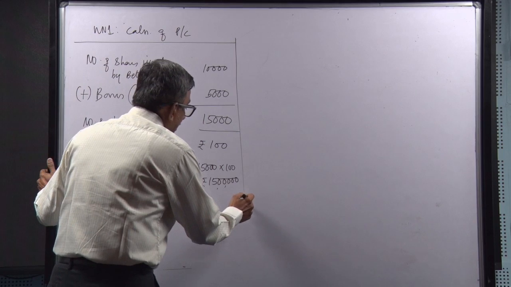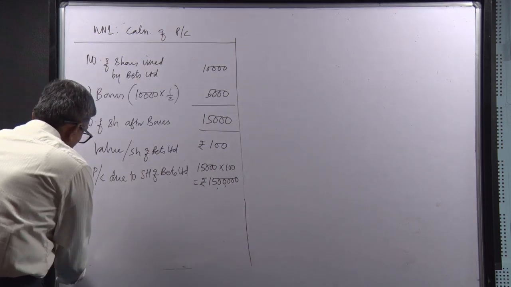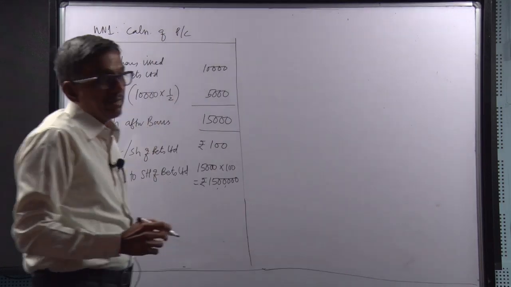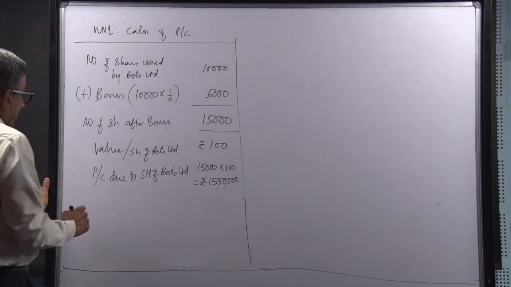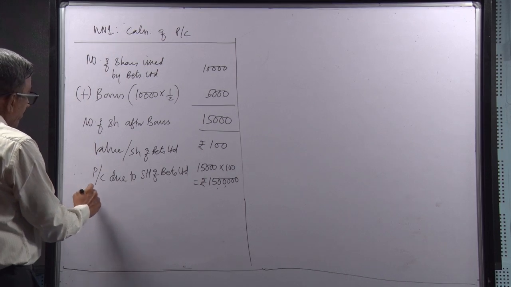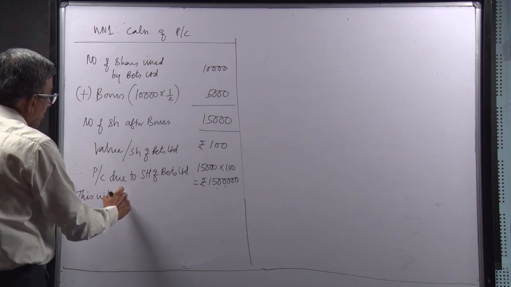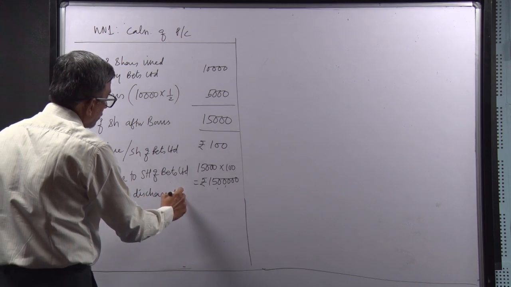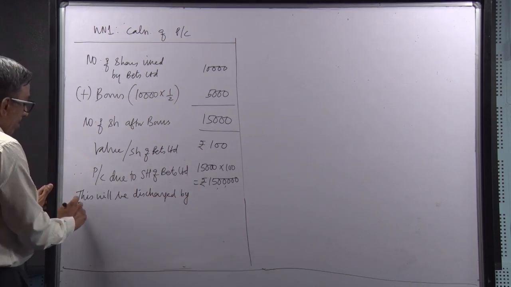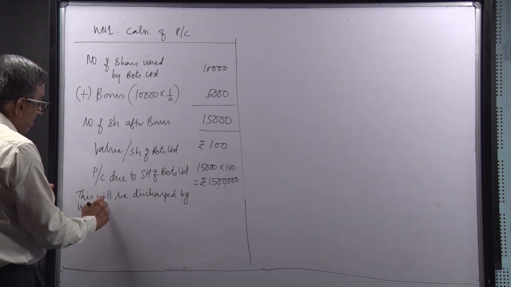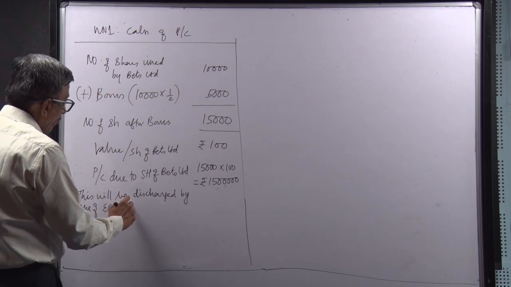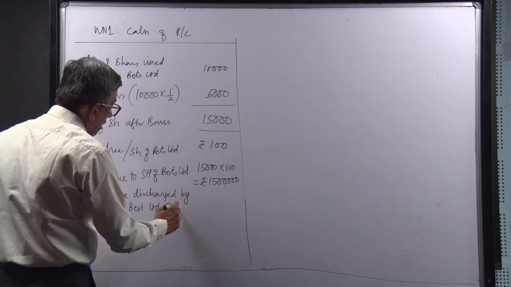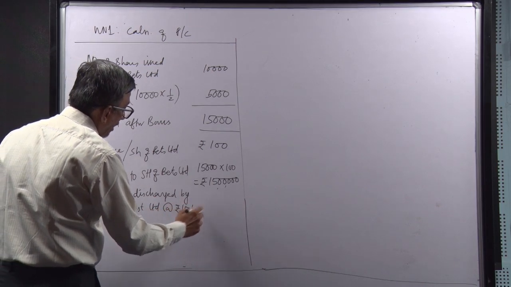But how will this consideration be given? The problem tells you it will be given by issue of equity shares in Best Limited. You write, this will be discharged by issue of equity shares of Best Limited at the rate of rupees 150 per share.